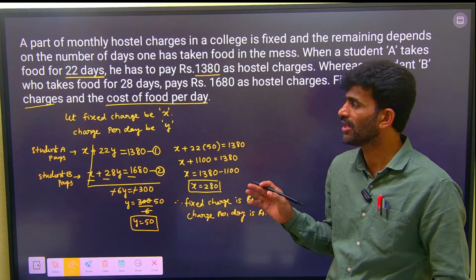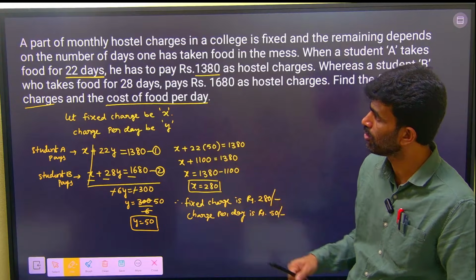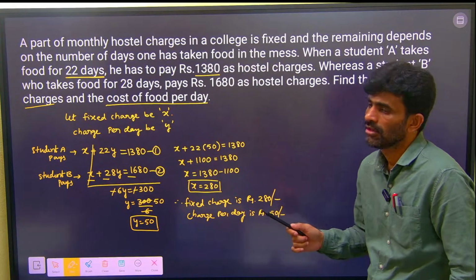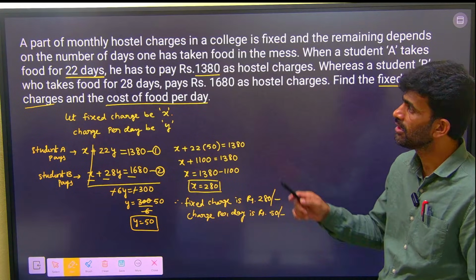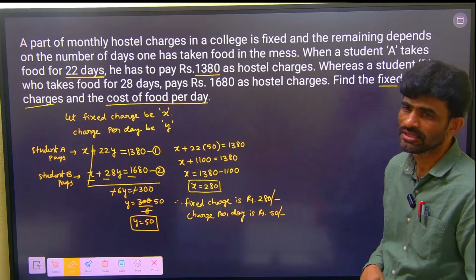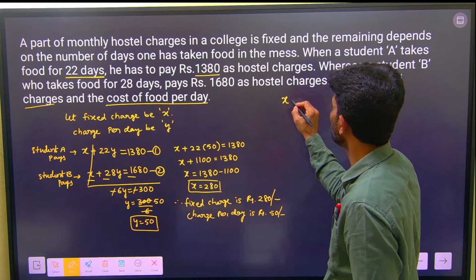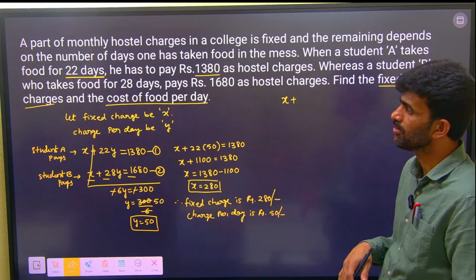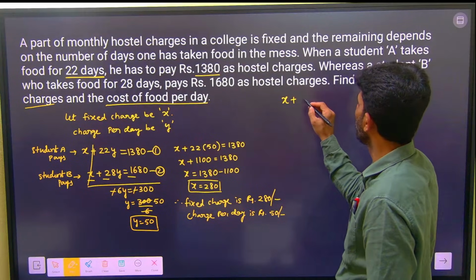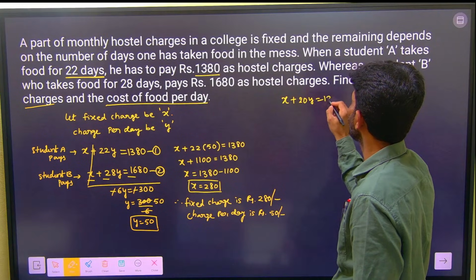For example in this problem, if they said the charge is fixed for the first 2 days and for 22 days he paid 1380, then for the first 2 days he has already paid out of the 22 days. How many days will he pay? 20 days only. So x plus 20y is equal to 1380 it will become.